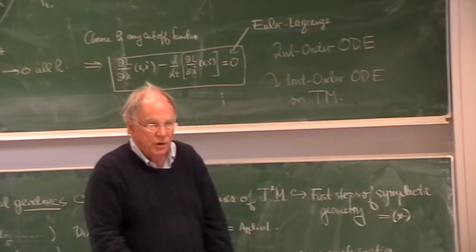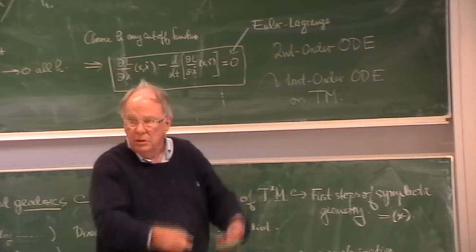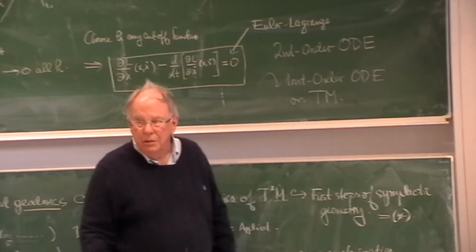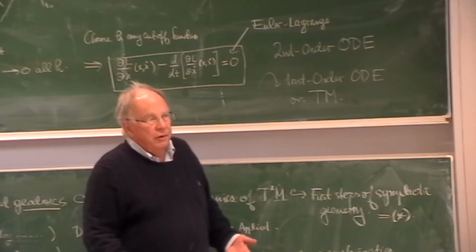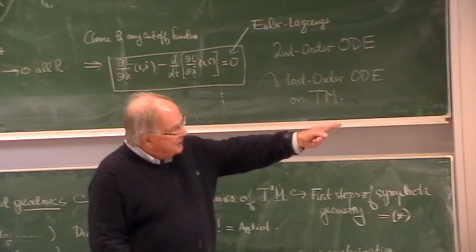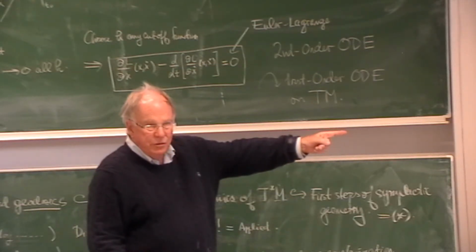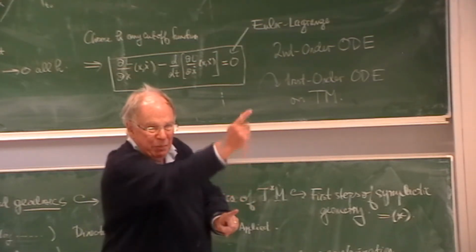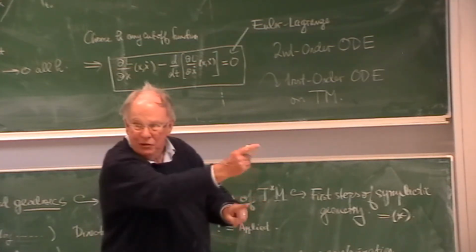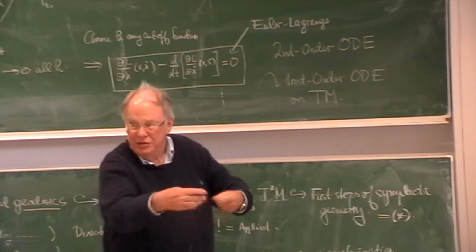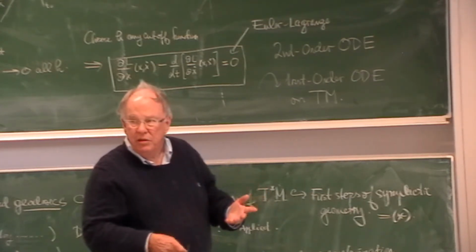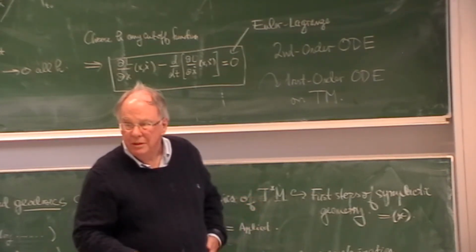The thing I talked about this morning. It's the usual way. The geodesic flow, either to minimize the integral by the Euler-Lagrange equation, or to have parallel transport of the curve equal itself, this geodesic flow is a first order ODE on the tangent bundle.